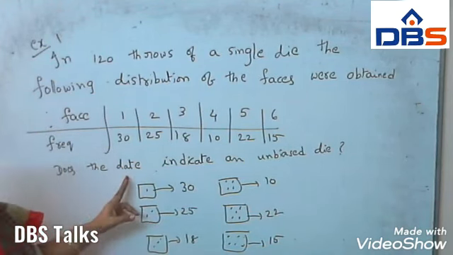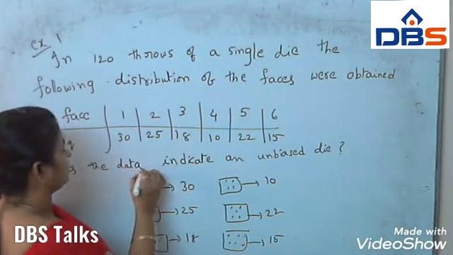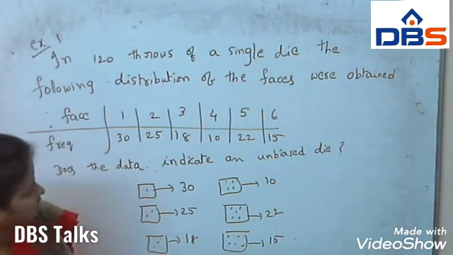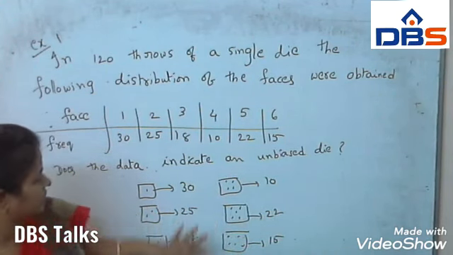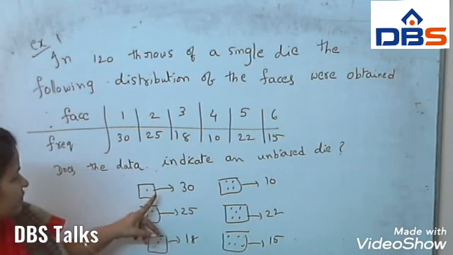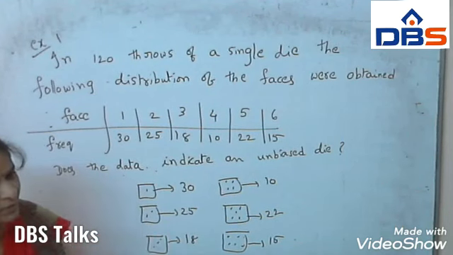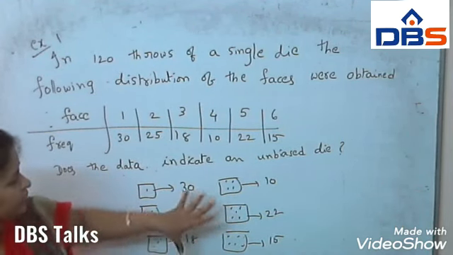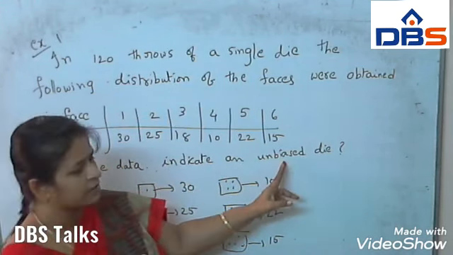The question is, does the data indicate an unbiased die? So using this information, can we say that the die is unbiased or not? Using this information, we have to say whether the given die is unbiased or not.